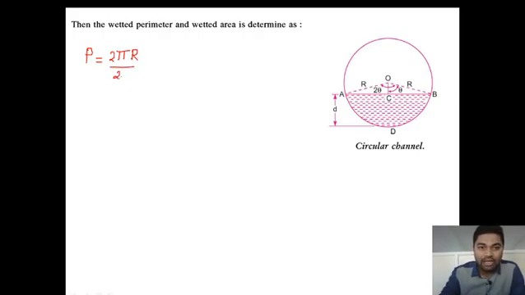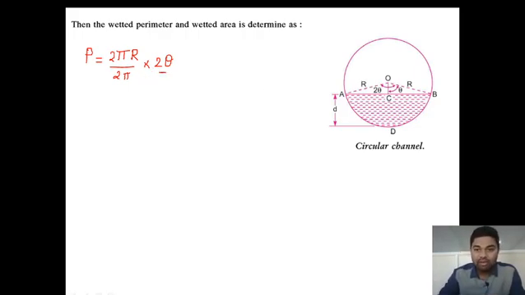The wetted perimeter of the circular channel is given by 2 pi r by 2 pi into 2 theta.